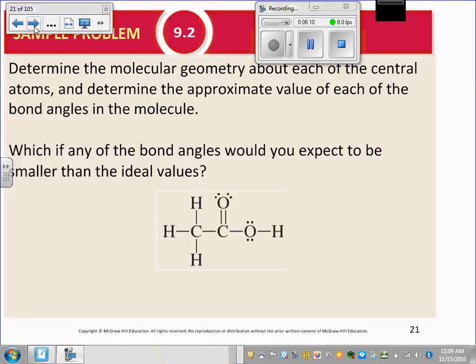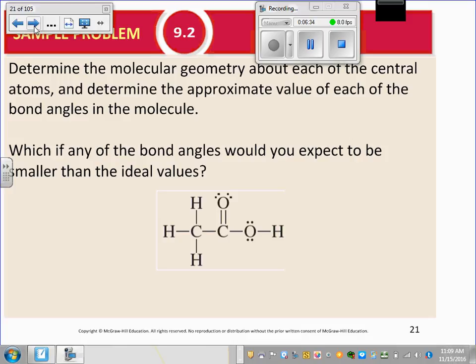So if I look at, this is acetic acid, the first carbon on the left, what would its molecular geometry be? How many things around it? 4, so 4 is tetrahedral. What would the bond angles be roughly? 109.5.